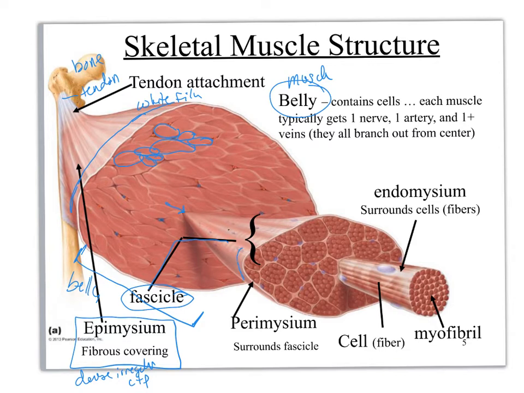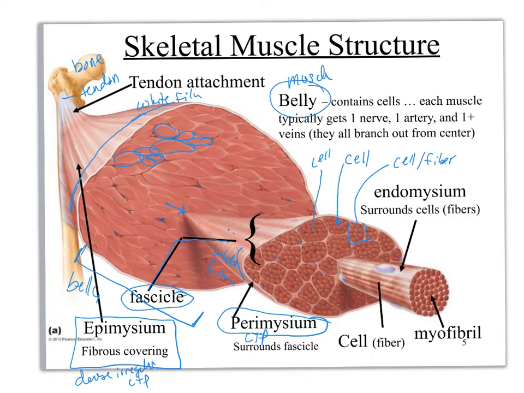Now, wrapped around the bundle is another white film, and that white film is called perimysium, okay, which is also a CTP, all right, connective tissue proper. Now, within the perimysium, I have cells. So there's a cell, there's a cell, there's a cell, and these can also be called fibers. A single muscle cell, a single muscle fiber.